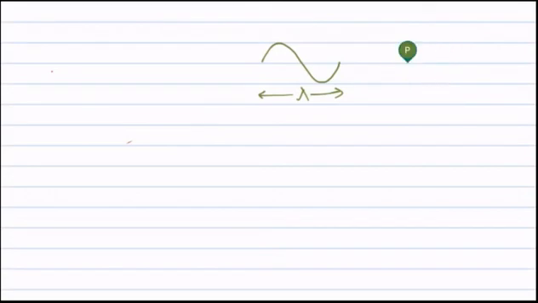Suppose you have a circle, consider this is the radius. So a complete wavelength means a complete revolution of this radius.